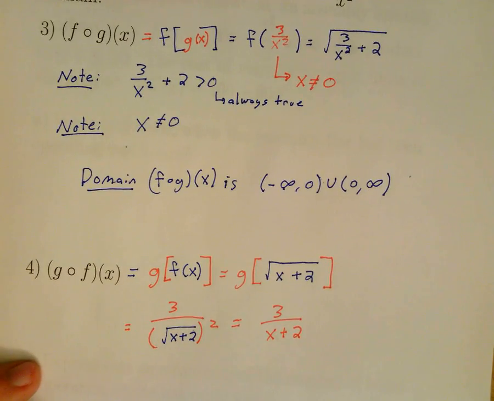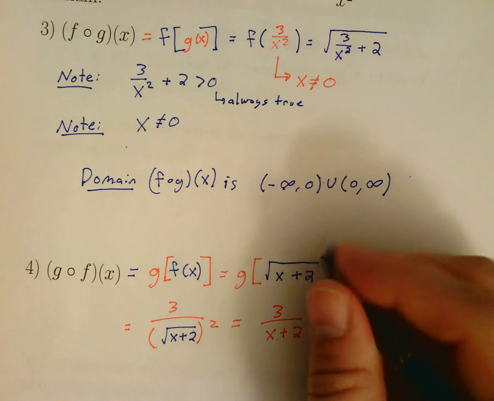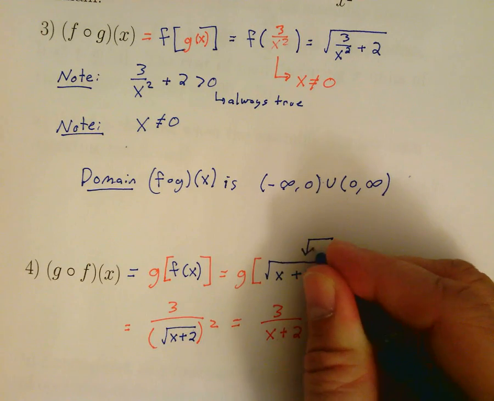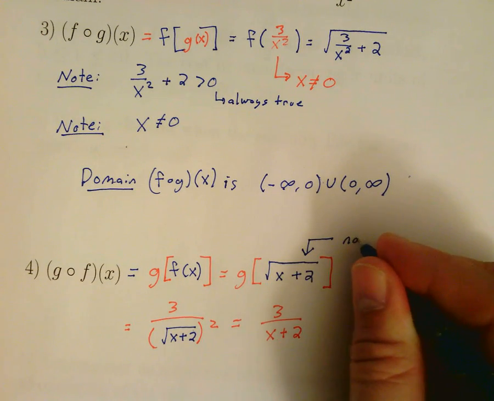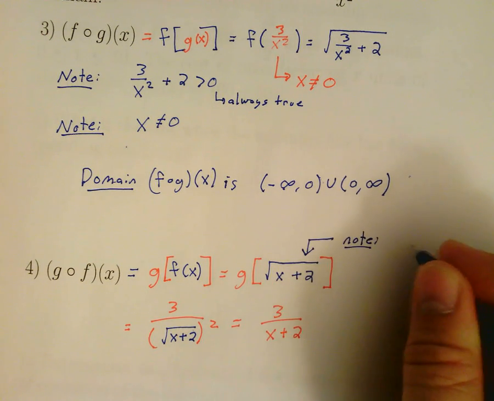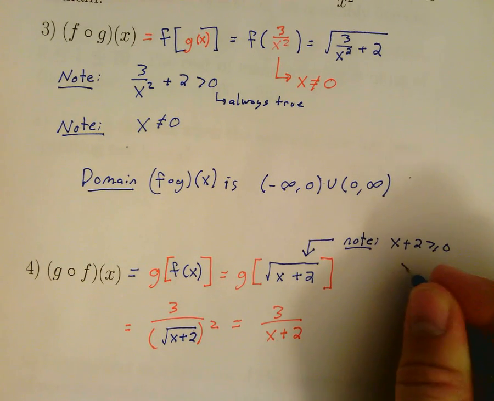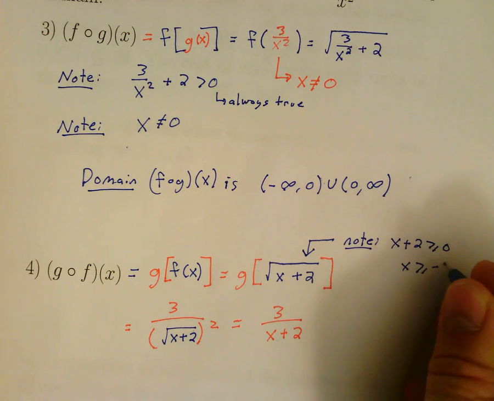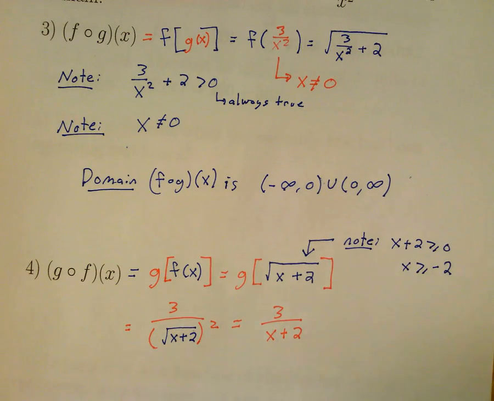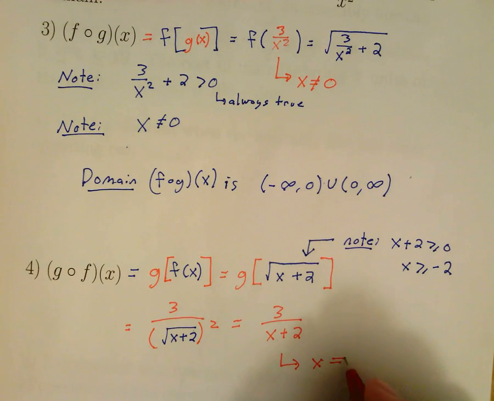Now the domain of this, remember, I have to look at each step. The first thing I'm going to note is that from this very first step, x plus 2 has to be greater than or equal to 0, so x has to be greater than or equal to negative 2 at this particular step. And then at this step, I note that x cannot be equal to negative 2.